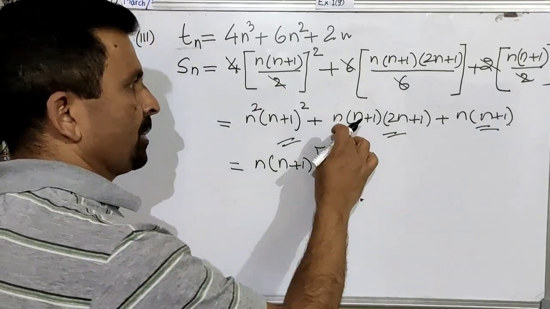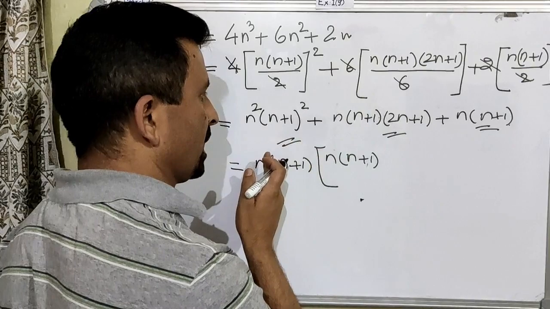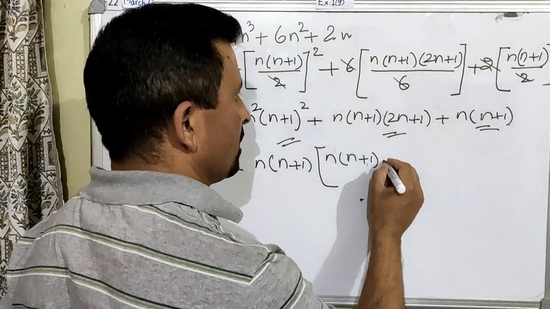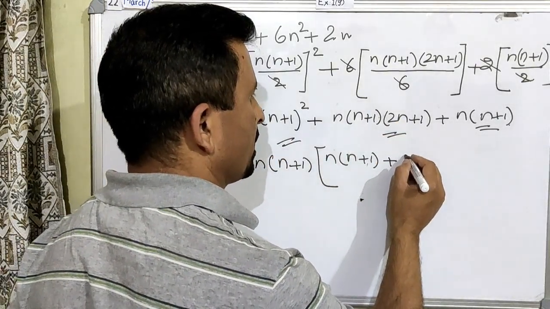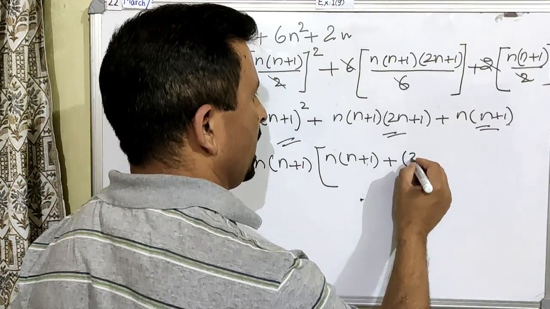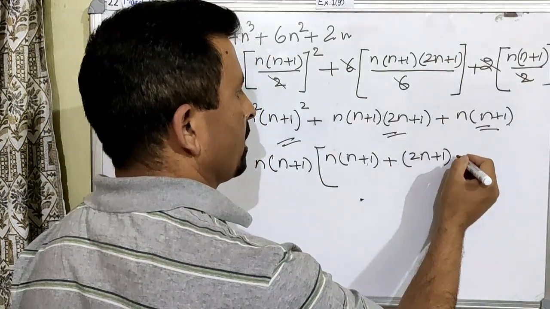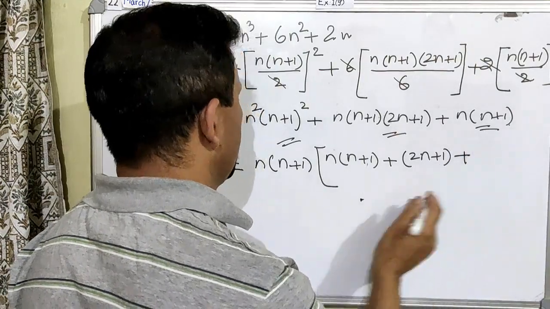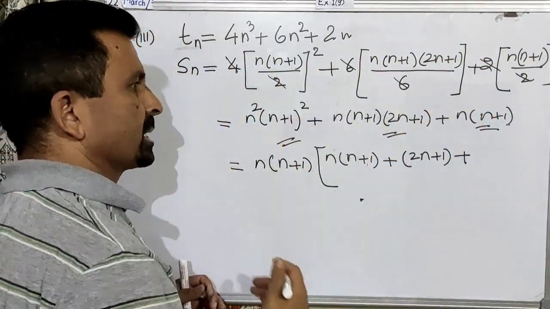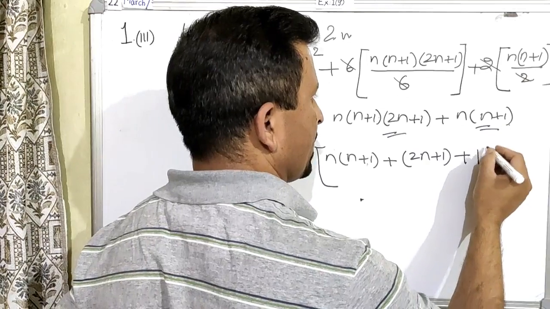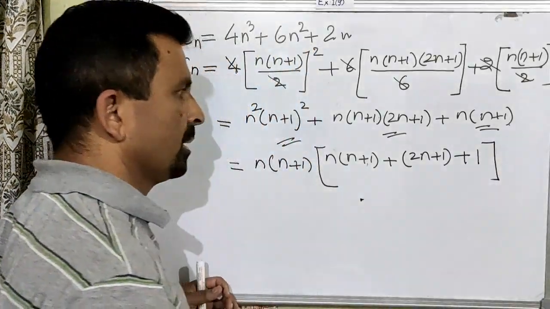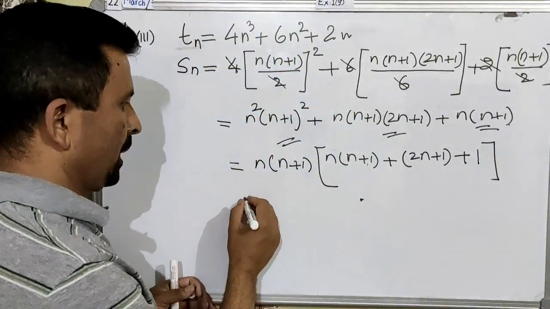Clear? From this part, n into n plus 1 is already out, and we are left with only 2n plus 1. Now from this last term, everything is taken out, which means we are left with just 1. Hope I am clear?